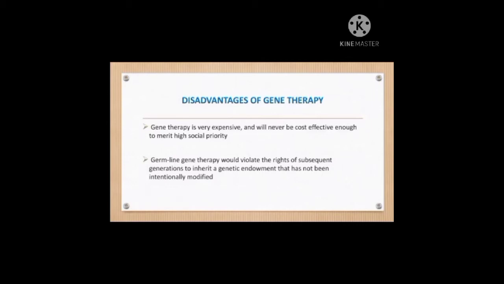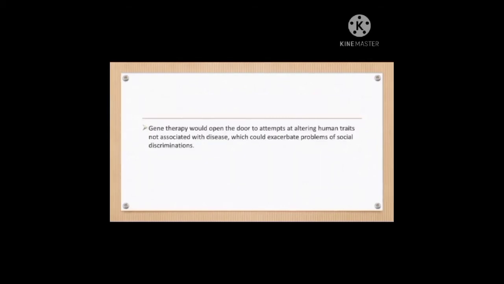Germline gene therapy would violate the rights of subsequent generations to inherit a genetic endowment that has not been intentionally modified. And gene therapy would open the door to attempts at altering human traits not associated with disease, which could exacerbate problems of social discrimination.